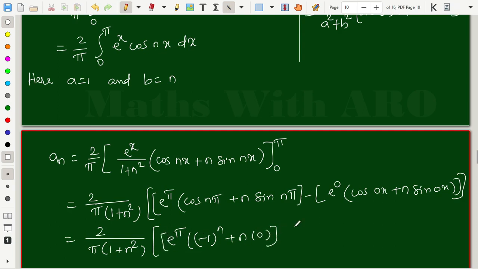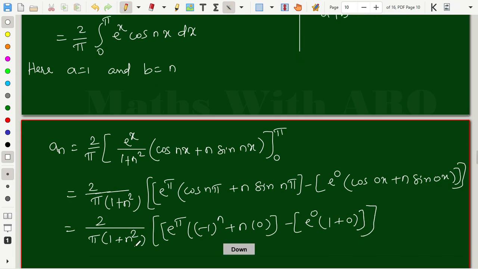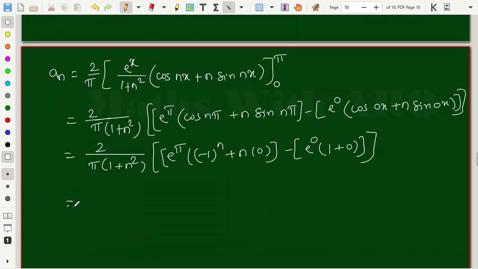This is upper limit minus lower limit, e power 0 cos 0 ஓட வேல்யூ just 1 plus sin 0 ஓட வேல்யூ 0. Next we are going to further simplification. This is equal to 2 divided by pi into 1 plus n squared, then (-1) power n into e power pi minus e power 0 ஓட வேல்யூ just 1 தான்.